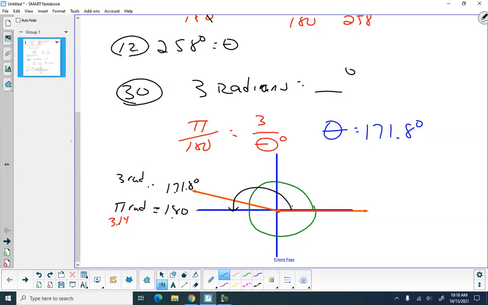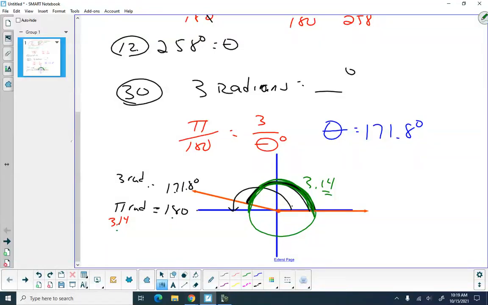What I'm trying to do is make the connection between that value of pi and 180 degrees, and the idea of radians and degrees. Once again, radians is the arc length, this arc length right here. 180 degrees takes us to this arc length, which is pi radians, which is 3.14. 3 radians takes us to here, a little bit less than 3.14.